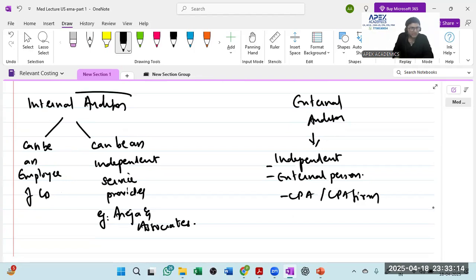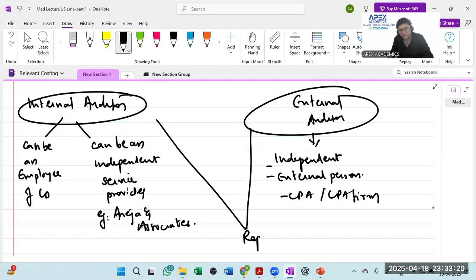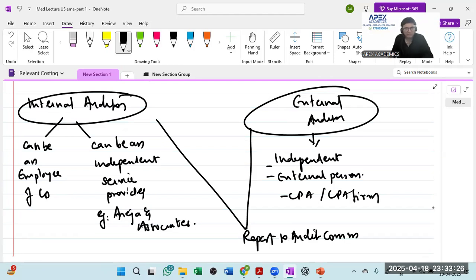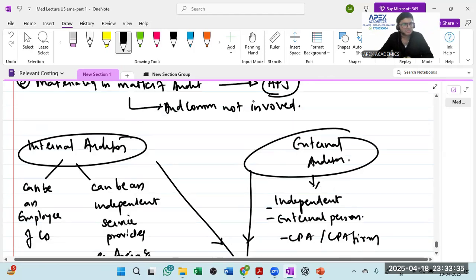Both the internal auditor and the external auditor report to the audit committee. This is how important an audit committee is. Both of them report to whom? They report to the audit committee. I hope you understand this particular concept.